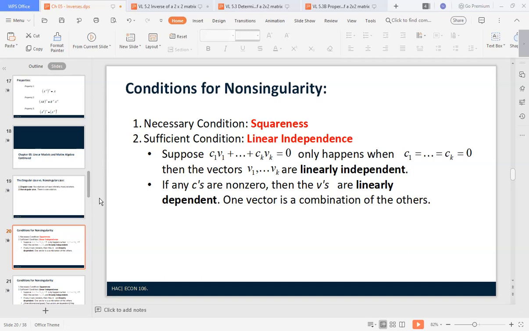If you have linearly dependent equations, you will not get a unique solution to your equation system. How will we determine if those are linearly dependent? One vector is a combination of the others. I think we had a discussion on this last time, but we can extend that discussion to the effect of linear dependence.